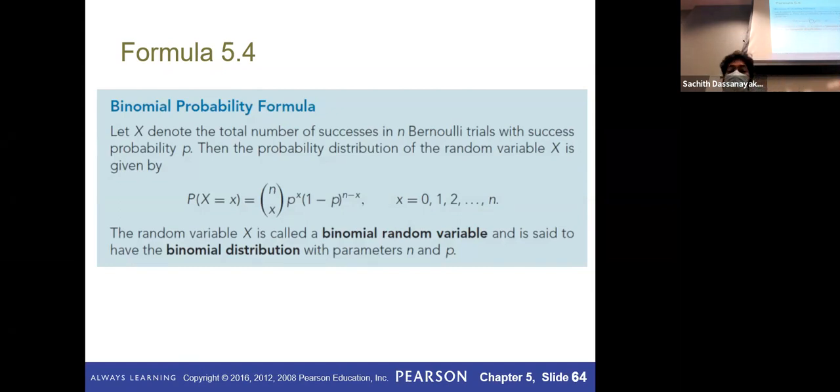So x denotes the total number of successes in n Bernoulli trials. Why Bernoulli? Because at a time it has only two outcomes, success or failure. The success probability is simply P. For the random variable x, the probability distribution we can find using this formula.